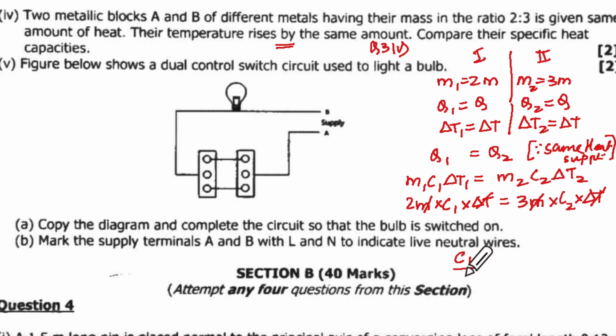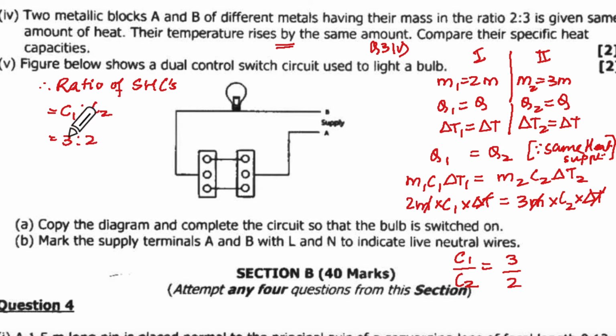So we have C1 upon C2 is equal to 3, and 2 goes that side. Please be very careful because sometimes in a hurry you will write 2 upon 3. Be very careful. So you will say therefore, compare means you have to say ratio. Ratio of their SHCs is equal to C1 is to C2, which is equal to 3 is to 2. And this should be adequate working for you to get your 2 marks.